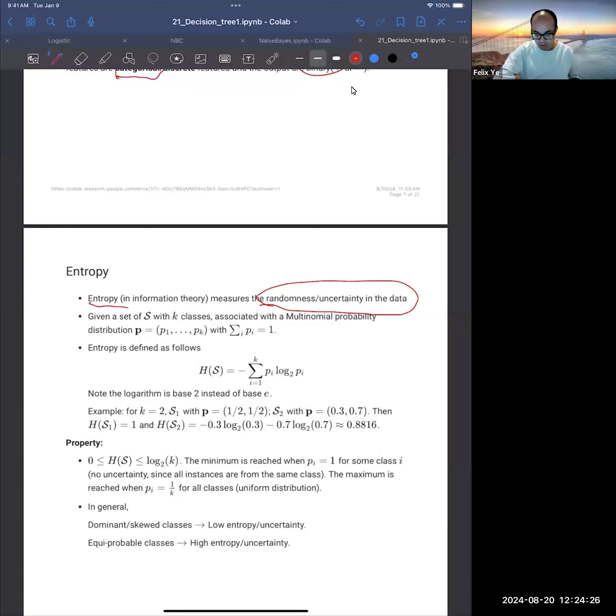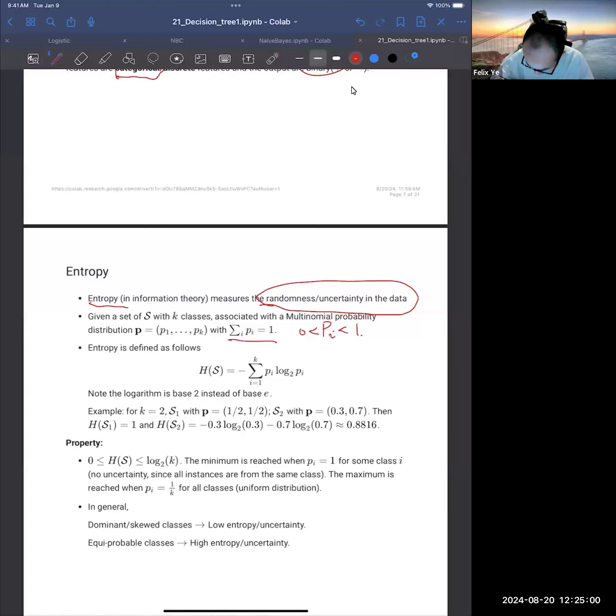For example, if we have a set S with K classes, this is associated with a multinomial probability distribution, P1 to Pk. Each component Pi is between 0 and 1, and the sum of the Pi is equal to 1, which indicates this is a probability vector.